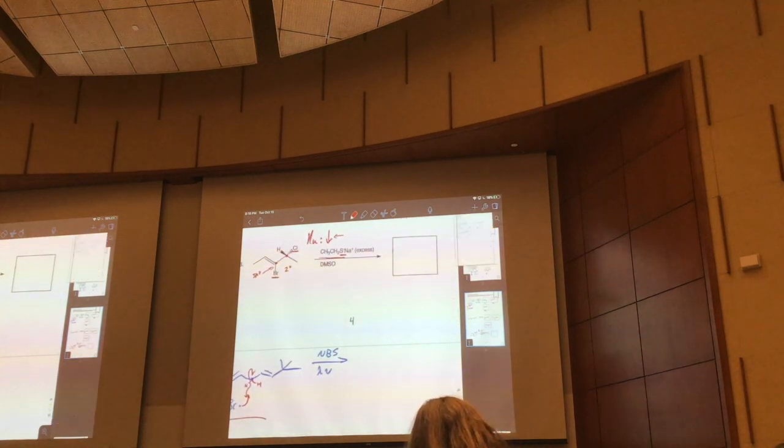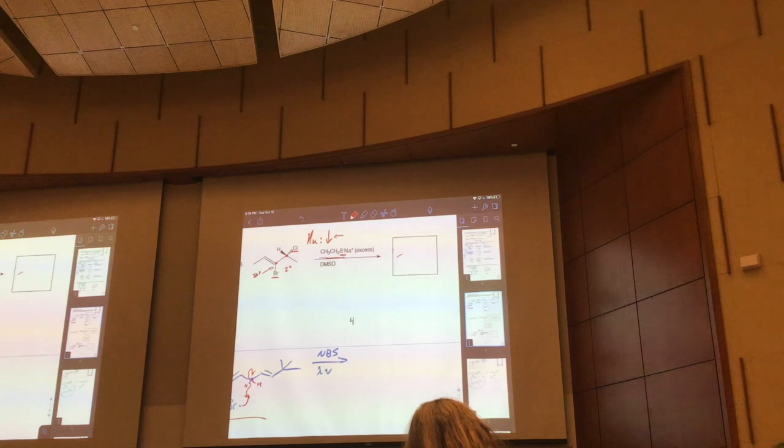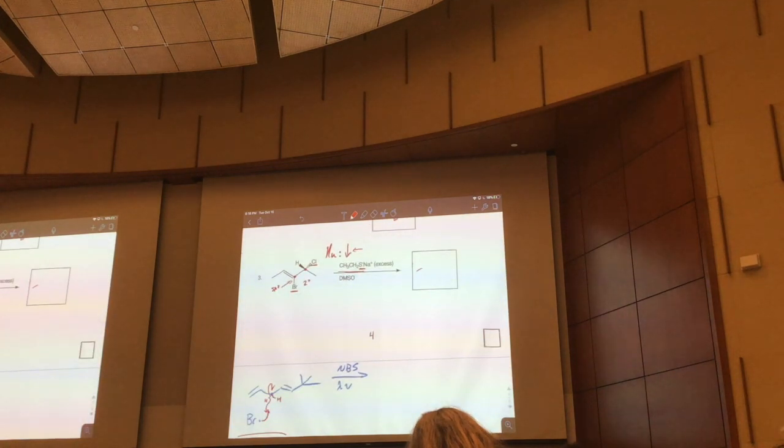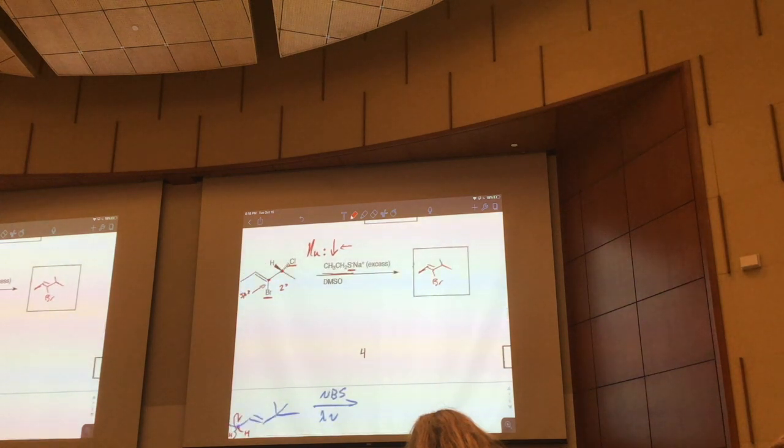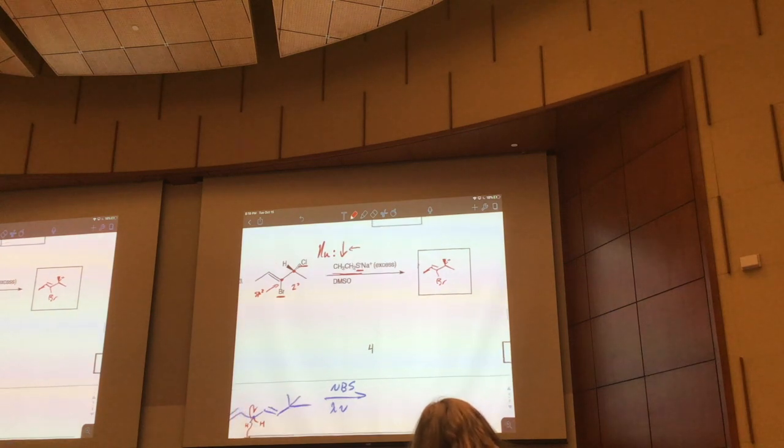So let's go ahead and draw our molecule, Br. Now we have a wedge, we have a dash. If our Cl was on a dash, and we have 100% inversion product, where are we going to put the S?